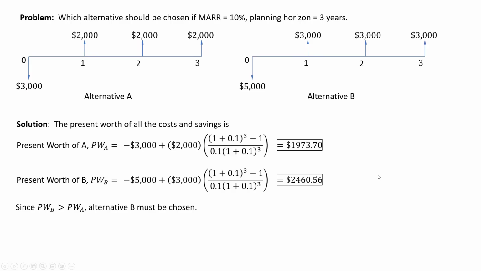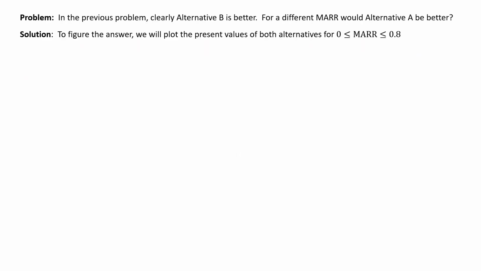So what is that particular value of i where, to the left of it, this option is better, and to the right of it, this other option is better? And for that, we have to plot.